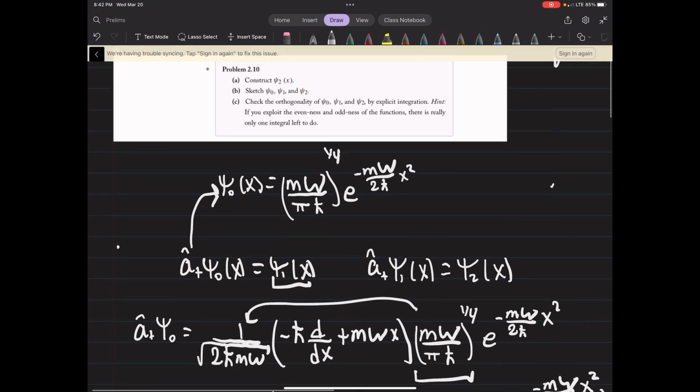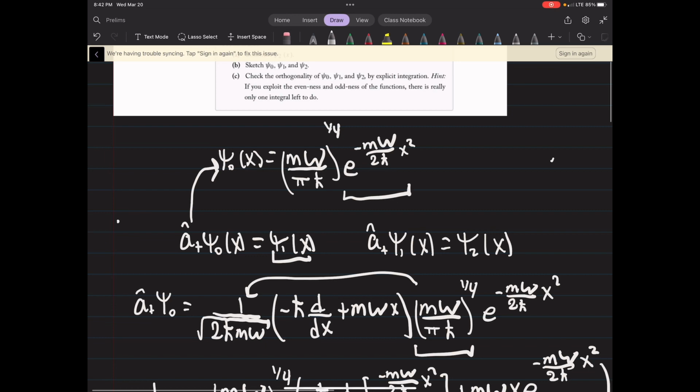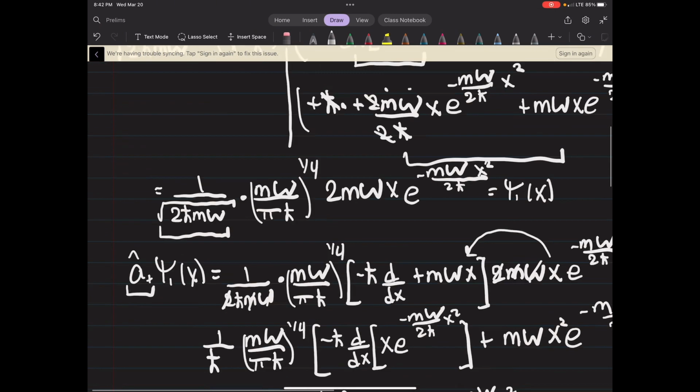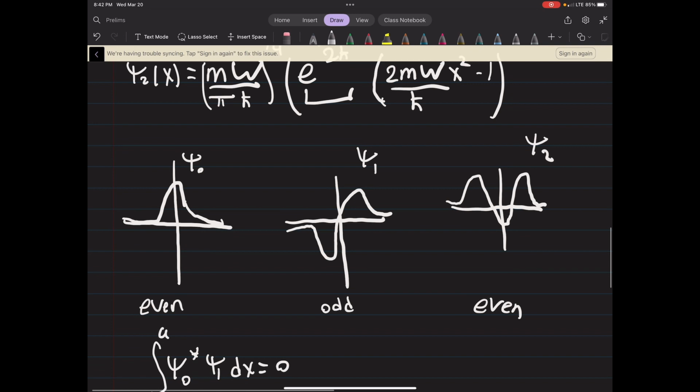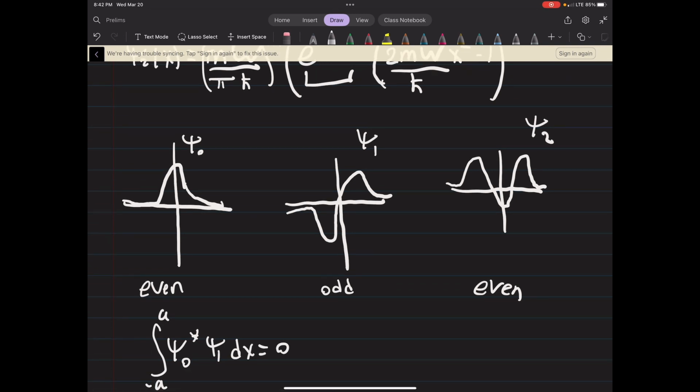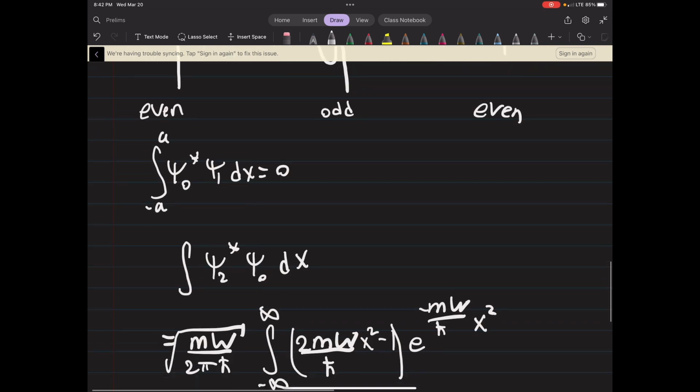So essentially, because psi naught just has this e term, you're basically multiplying this times this one. So instead of it being all that minus m omega over 2 h bar x squared, the 2 goes away. It's just like a half times a half, or a half plus a half. With exponents we add them.